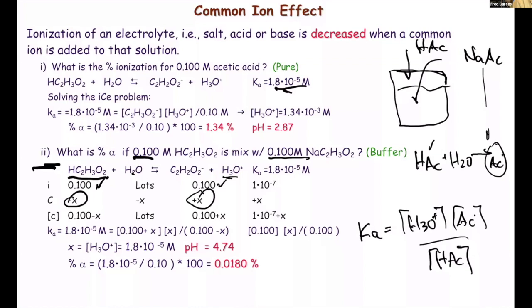Because not much of the hydrogen comes off the acetic acid because, again, the equilibrium constant is 1.8 times 10 to the minus 5. Guess what? These two are equal: 0.1 minus x, 0.1 plus x. x is negligible. These two cancel out. The Ka is equal to the hydronium ion concentration. And that comes out to 1.8 times 10 to the minus 5. That's your hydronium ion concentration.